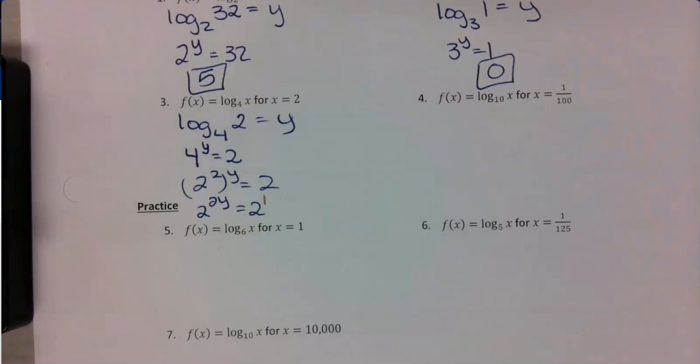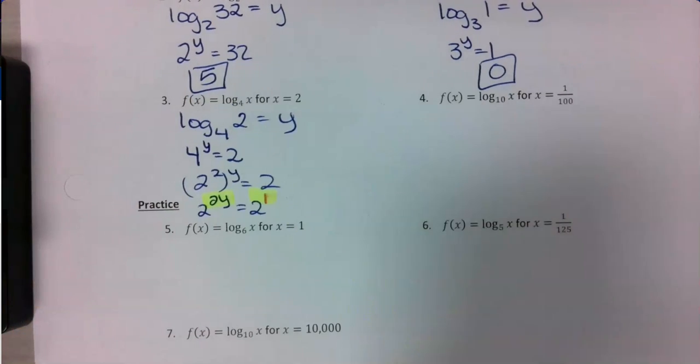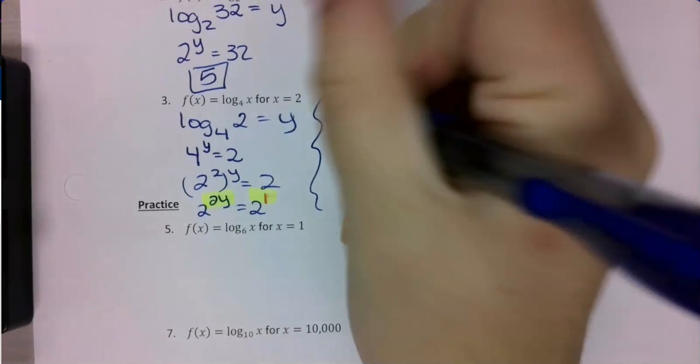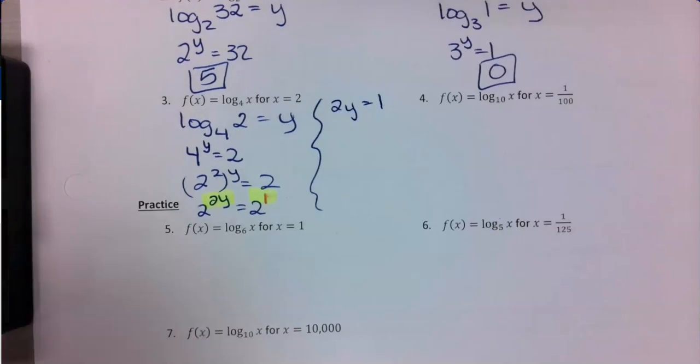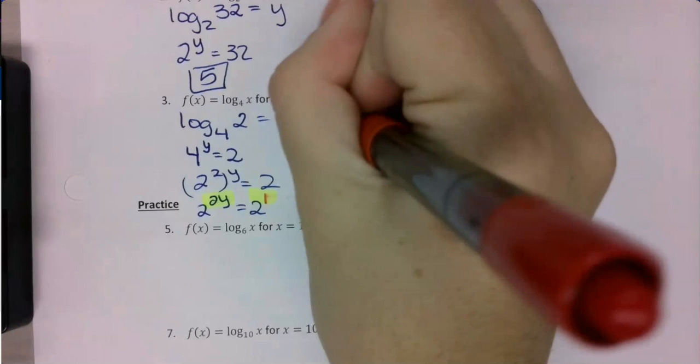So then what I can do is, since they have the same base, I can take my exponents and set those equal to each other and just solve. So I have 2y equals 1. And then if I solve like normal, I divide both sides by 2.